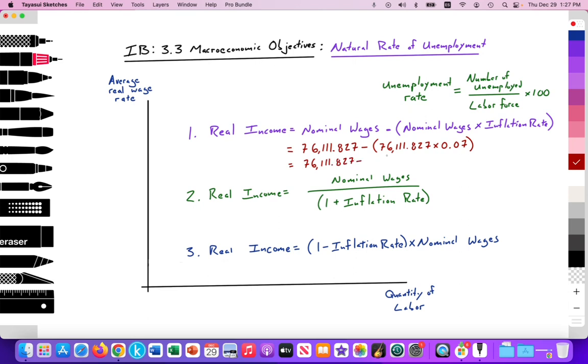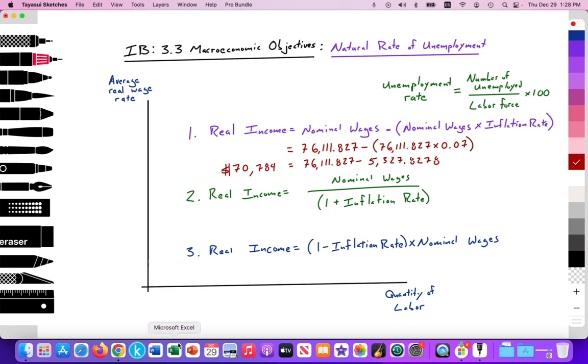If we multiply these two, we'll get a value of 5,327.8278. And if we subtract 5,327.8278 from 76,111.827, that will give us a real value of 70,784.